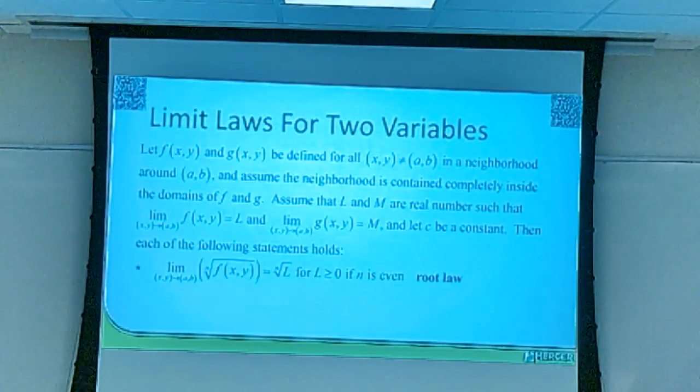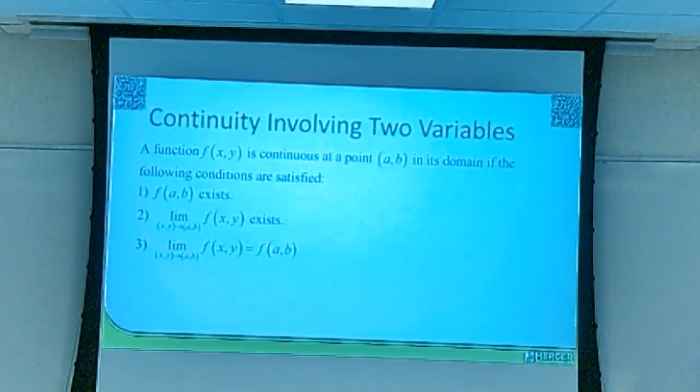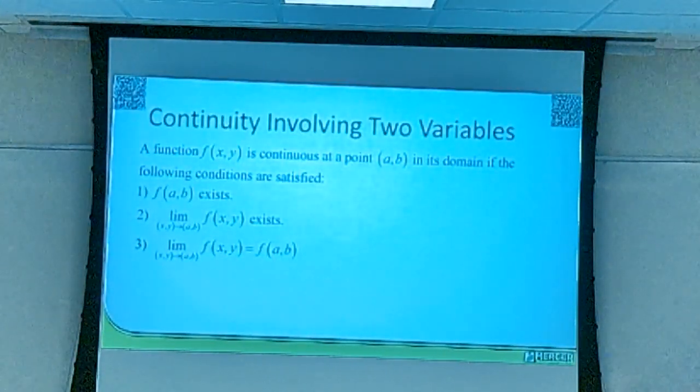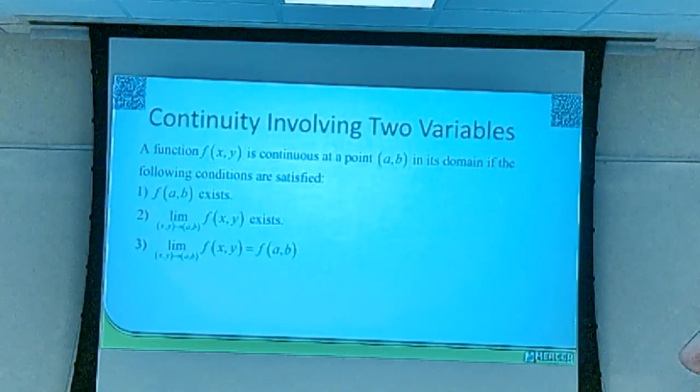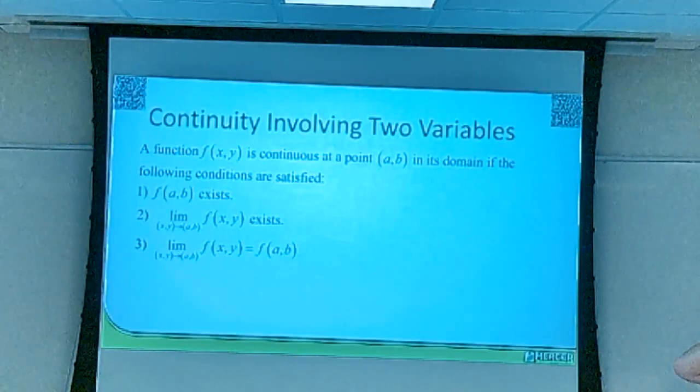The limit of a radical is the radical of the limit, as long as the limit is non-negative for even-indexed radicals. Continuity is defined the same way as it was for single variate, except it's now two variate. And all of this can be extended to more than two variate.